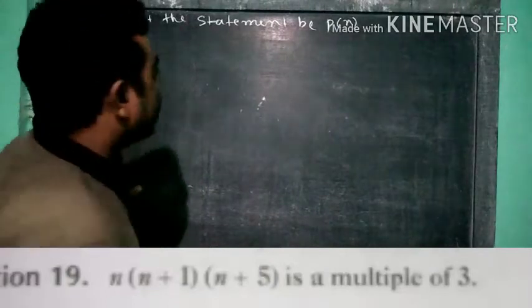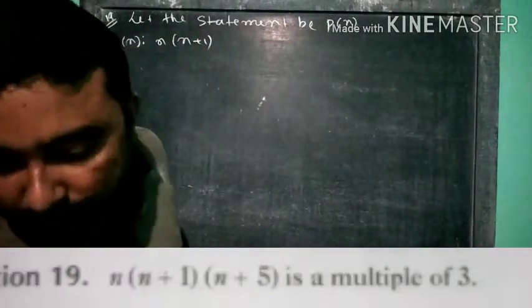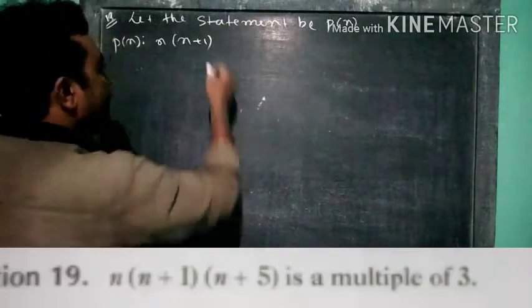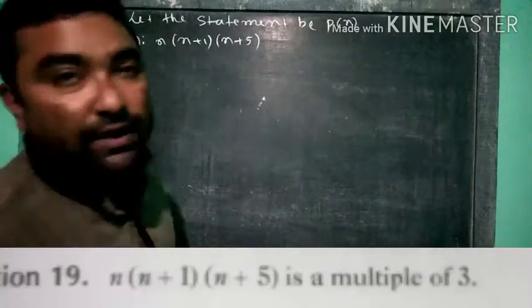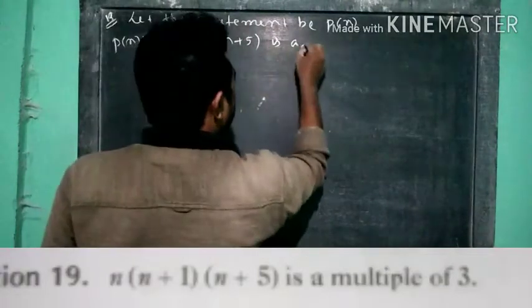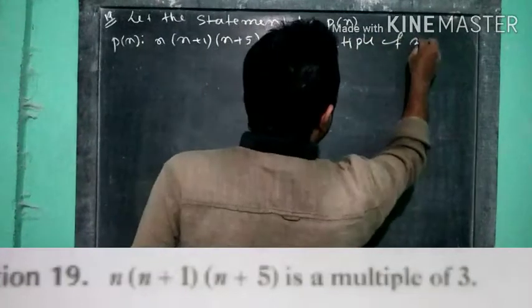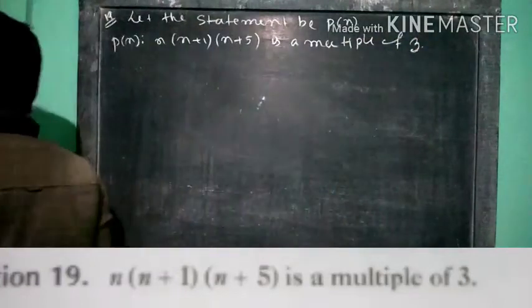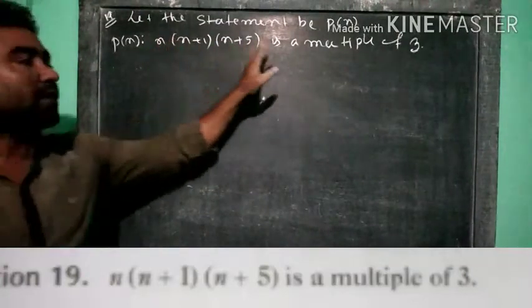So P of n, n whole into n plus 1, n plus 5 is a multiple of 3. So now we are going to show that this is always a multiple of 3.